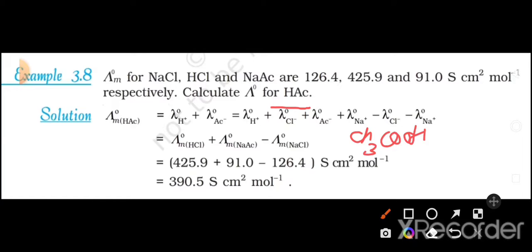So for a weak electrolyte, the lambda naught value cannot be found through the plot by extrapolation. So for that we use the application of Kohlrausch law.